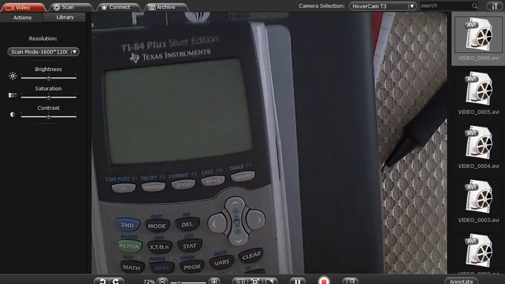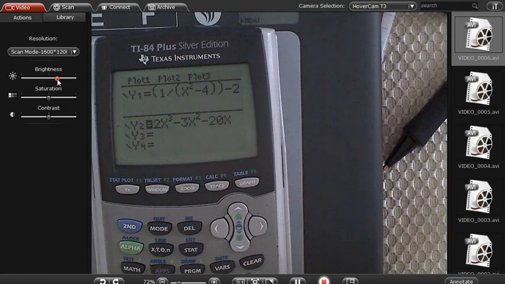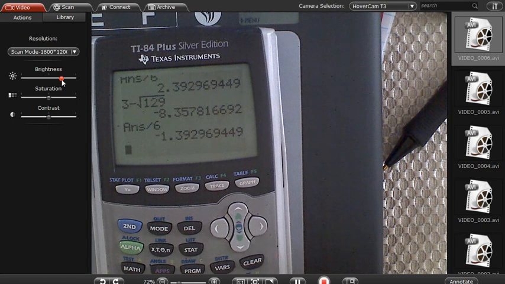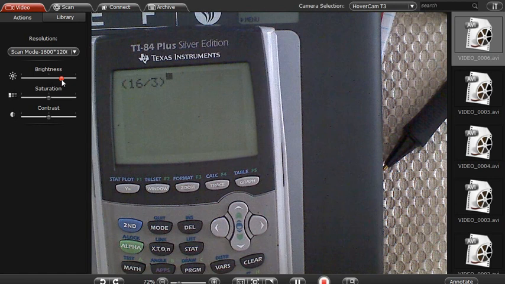So, my brightness went down for some reason. Alright, so 16 divided by 3, caret, to the 1 divided by 4th power.